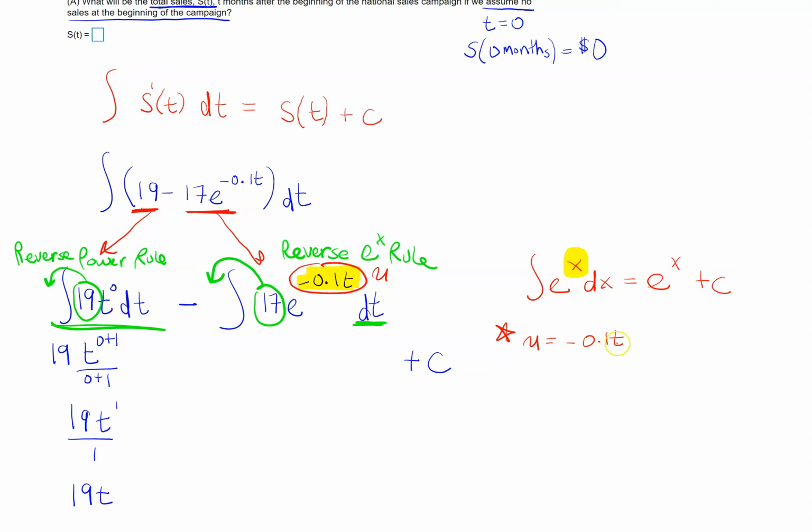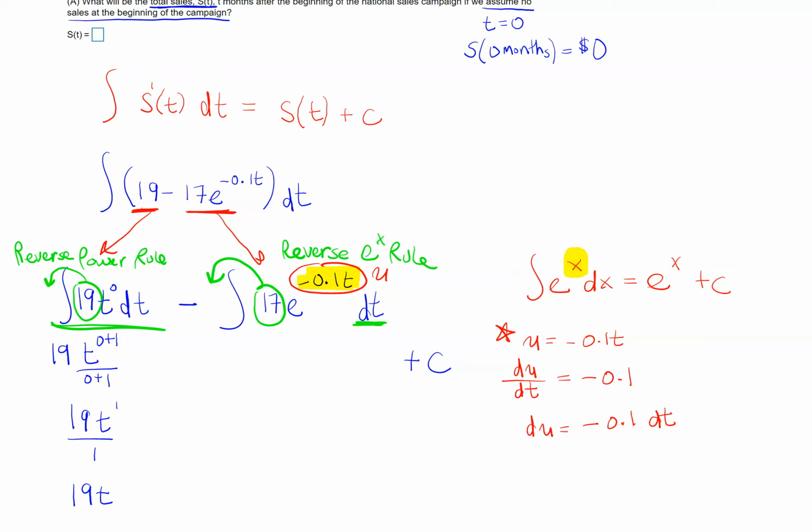Anytime I see a negative 0.1t, I can put a u. So if I take the derivative of u with respect to t in this case, because that's the other variable we're using, that derivative is just going to be a negative 0.1. And then I'll multiply the dt on both sides. So then we're going to get that du can cash in for a negative 0.1 dt.